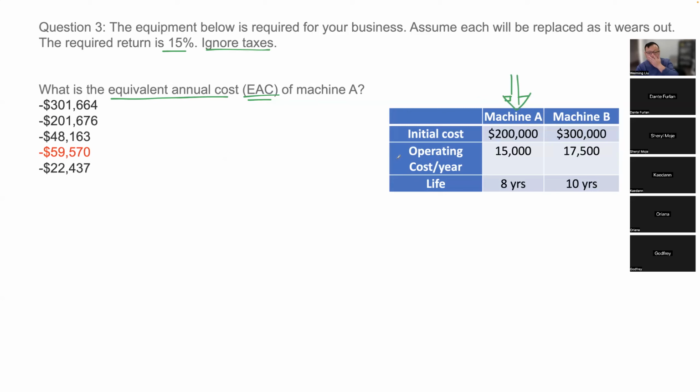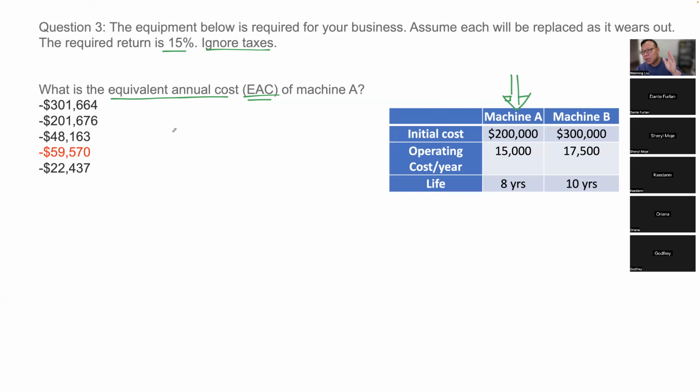Okay? So if you really think about how much does it cost you, right? So equivalent annual cost. The idea here is your cash flow is like this. At the very beginning, how much do you spend on this equipment, machine A?